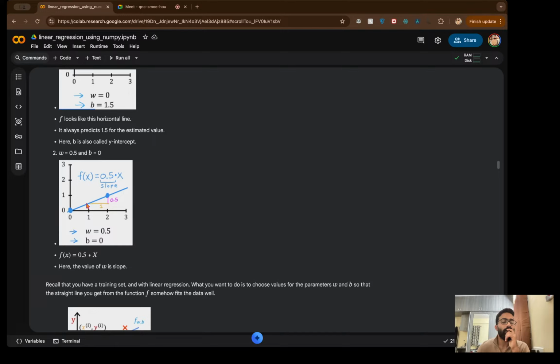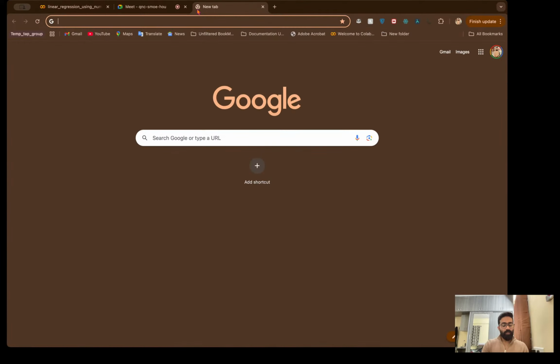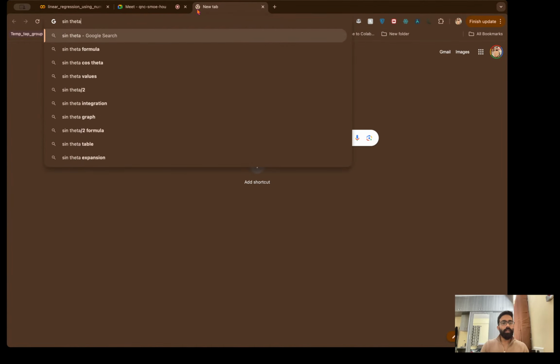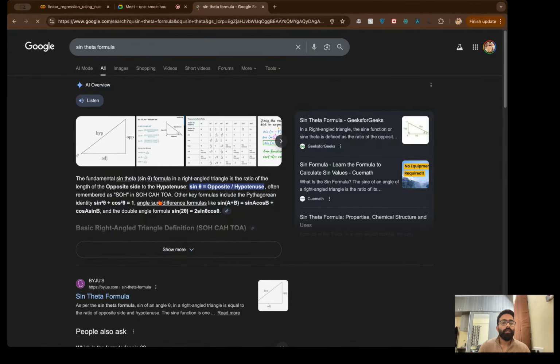In a right angle triangle, sin theta is equal to perpendicular upon hypotenuse. This is the angle. Sin theta is the length of the perpendicular divided by the length of the hypotenuse.